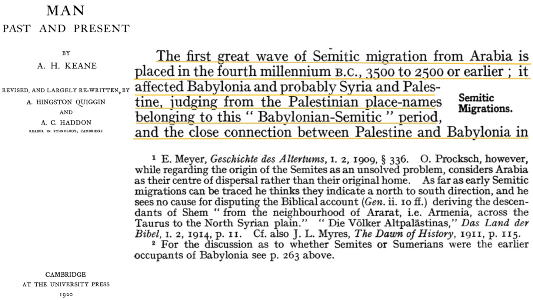It affected Babylonia and probably Syria and Palestine, judging from the Palestinian place names belonging to this Babylonian Semitic period, and the close connection between Palestine and Babylonia." So again, around the same time, around the 4th millennium BC, is when these Semites began to migrate out of Arabia into the Fertile Crescent.